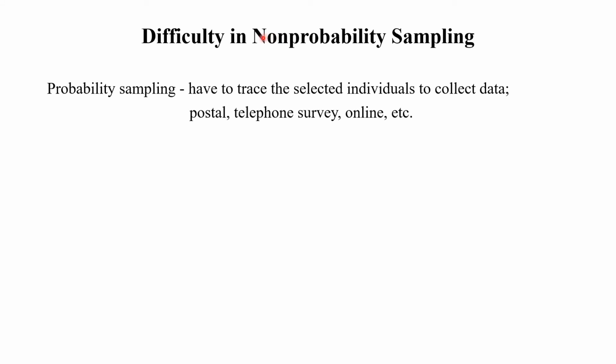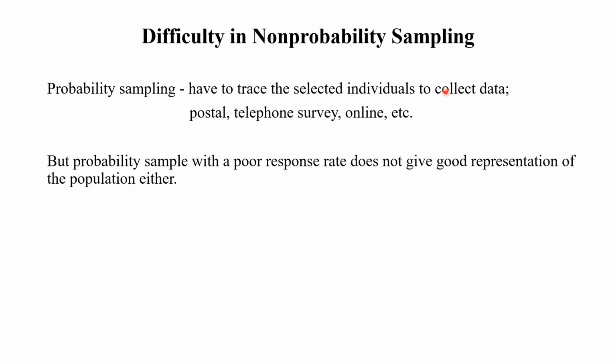Probability sampling has to trace the selected individuals. Let's say one individual is selected from a particular village. You go and trace them, and suddenly they go missing. So we're not able to capture them. Probability sampling with a poor response rate does not give a good representation either.